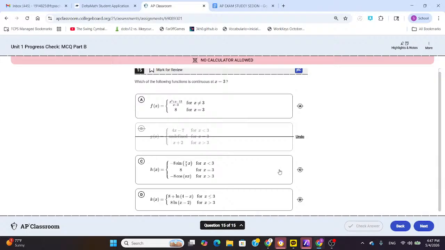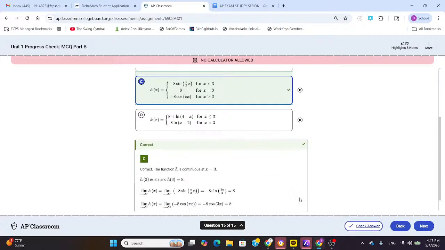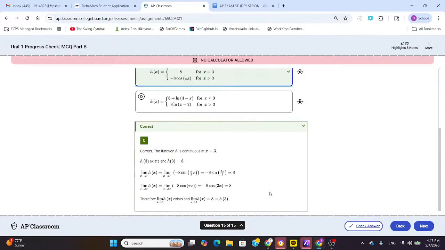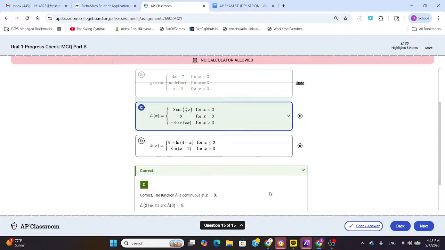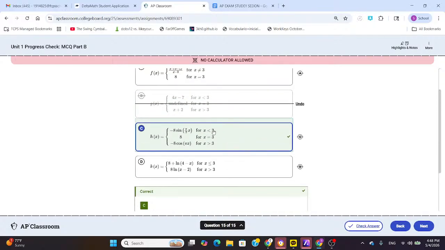Hmm, yeah, let's see. Because, okay, I just did it in my head for a sec, so let me just wait. X is less than 3, approaching it from the left, I believe, and then x is greater than 3 is from the right.